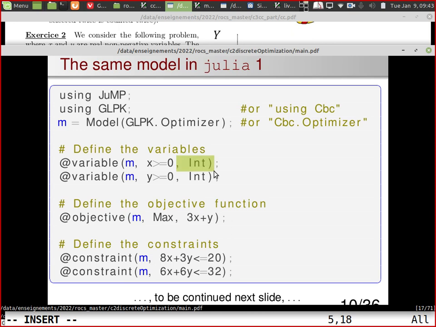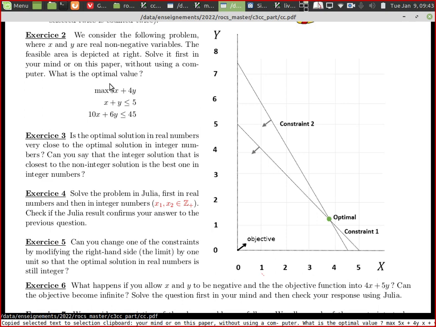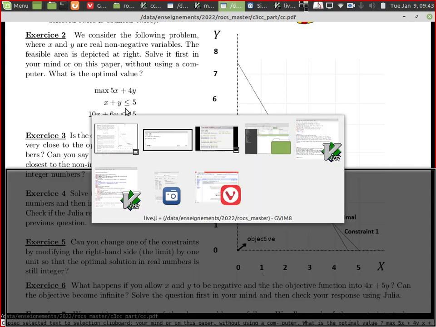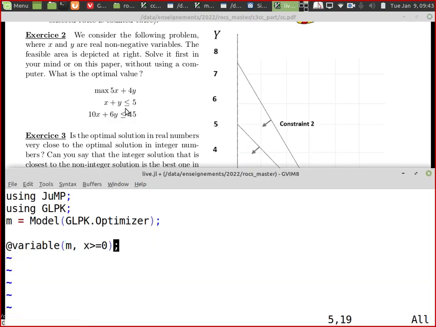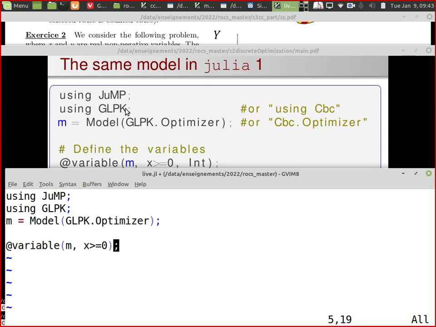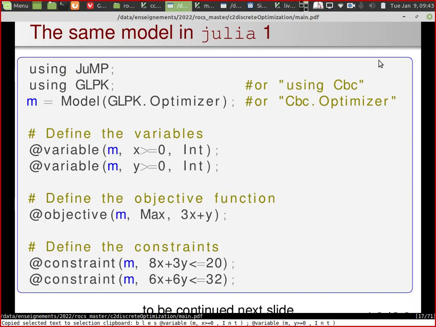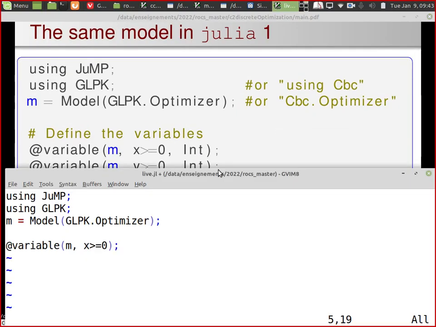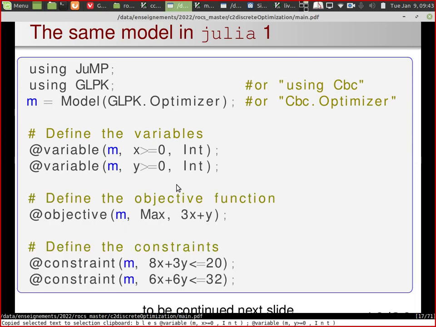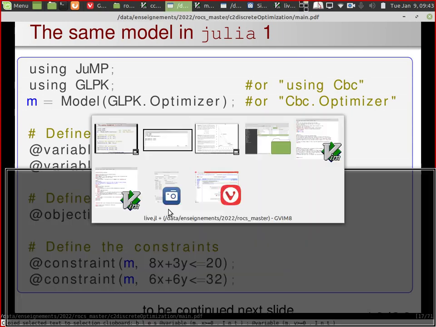Do you know what it means? Integer. But in our case, for the problems we want to solve here, it is not integer. So we can only write this. Okay? This is why it's not really copy paste. We need to pay attention. Same for y. And then, look how the objective is written, not very difficult.